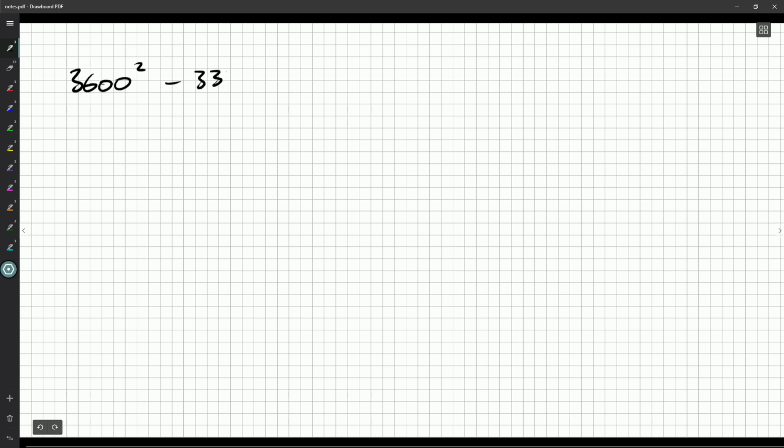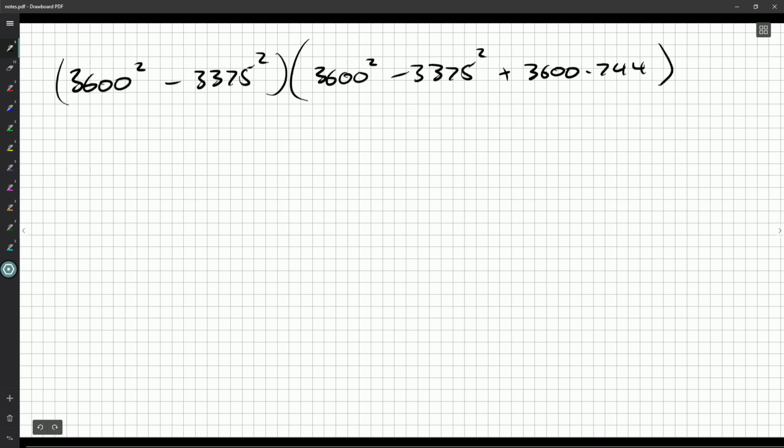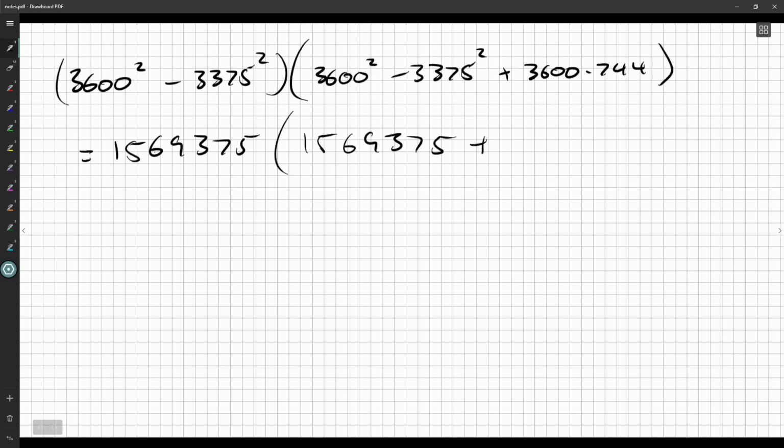A squared minus B squared plus A squared minus B squared plus A times C is equal to, so 3600 squared minus 3375 squared. Big number, 1569375. 1569375 plus 3600 times 744.